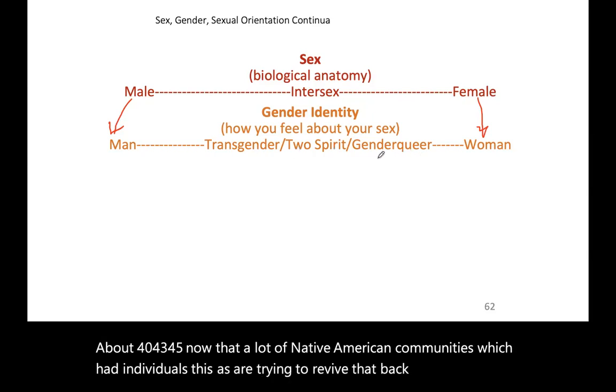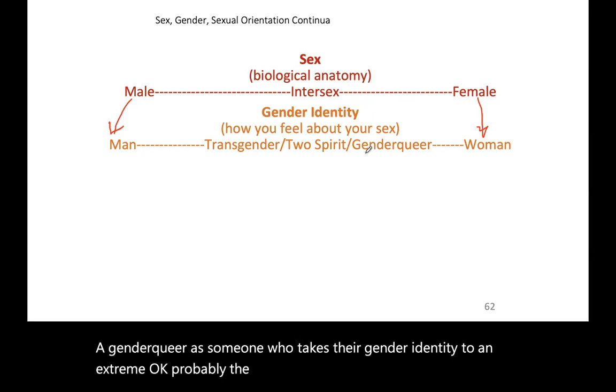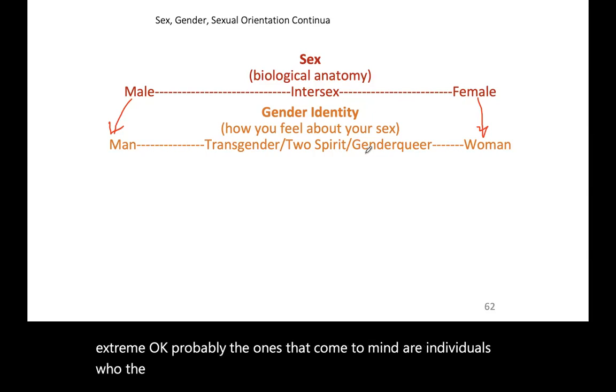Okay. A genderqueer is someone who takes their gender identity to an extreme. Probably the ones that come to mind are individuals who are the very stereotypical gay male, or very stereotypical female.